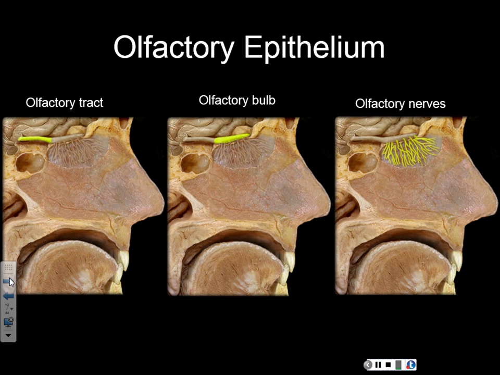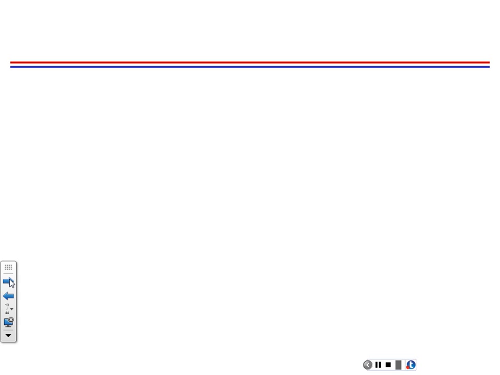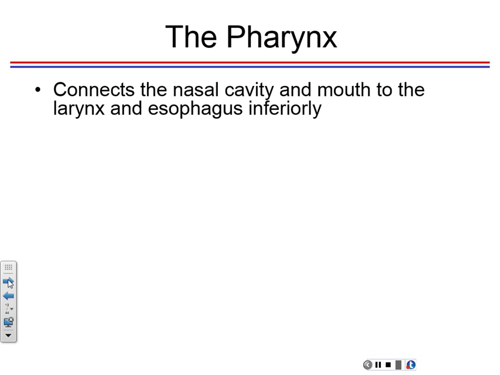Know about the function of the nose, and the parts. You see the olfactory tract here, the olfactory bulb, and the olfactory nerves sprinkled on the superior aspect of the nasal cavity. When air comes in and gets moistened, those odorants are dissolved, and the chemoreceptors in the nerves will sense that.